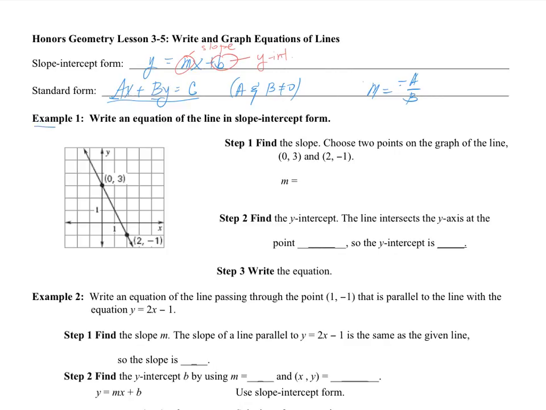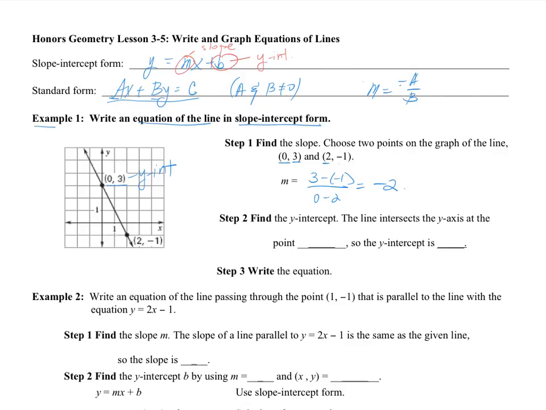Example 1, write an equation of the line in slope-intercept form. In this graph, you're already given the y-intercept, so you just need to find the slope. I'm going to take 3 and subtract negative 1, and then 0 subtract 2, and this will be negative 2.